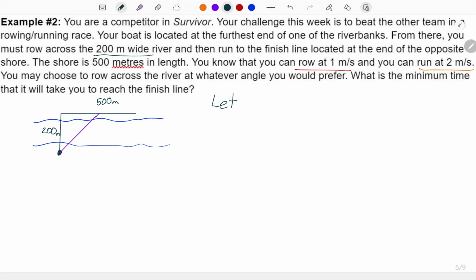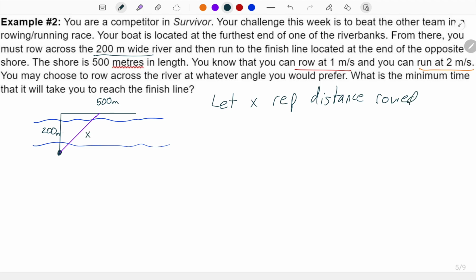So let's just switch things up a little bit. Let's use x and y, just to be using our familiar variables. Let x represent distance rowed. We'll start with that since that's the first thing we're doing.